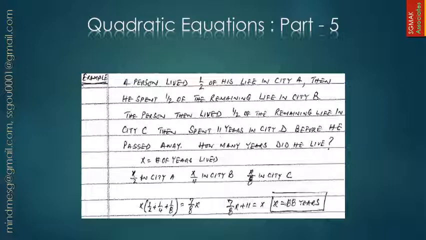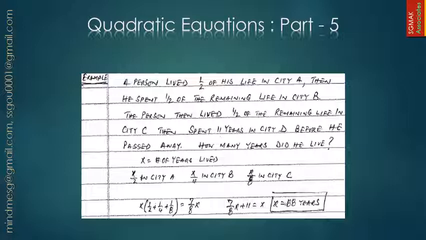So if x is the number of years he lived, then x over 2 was spent in city A. The remaining was x over 2, half of that, so x over 4 was spent in city B. Remaining was x over 4, half of that is x over 8 was spent in city C. So together 7x over 8, and then plus 11 years, that was the length of his life.